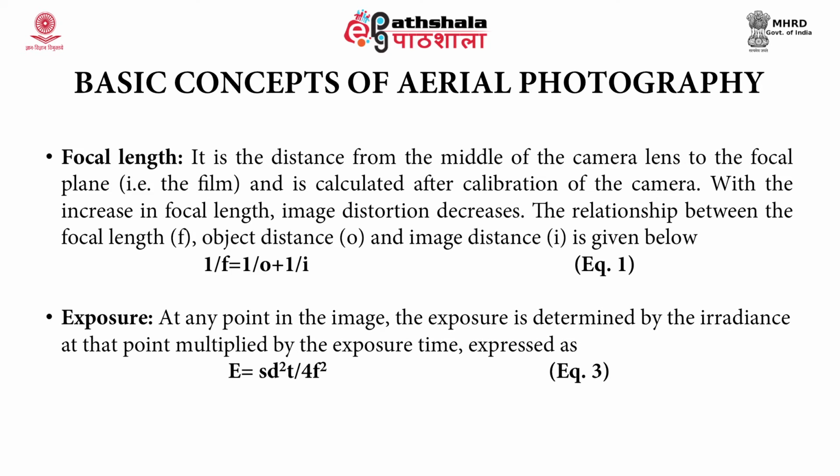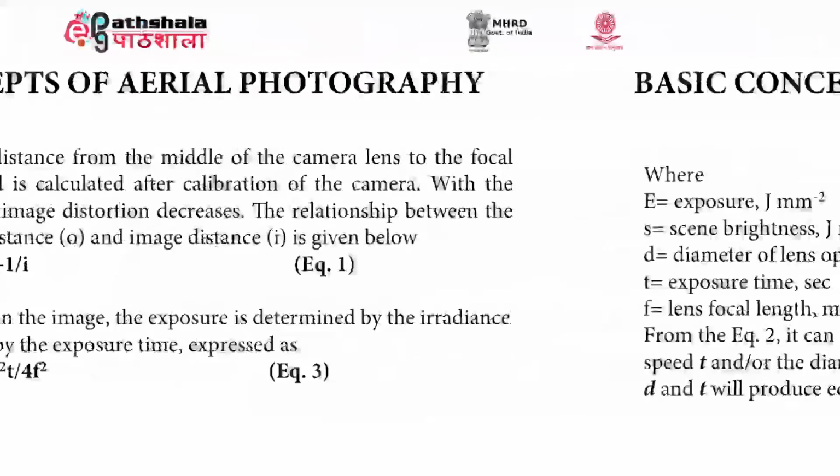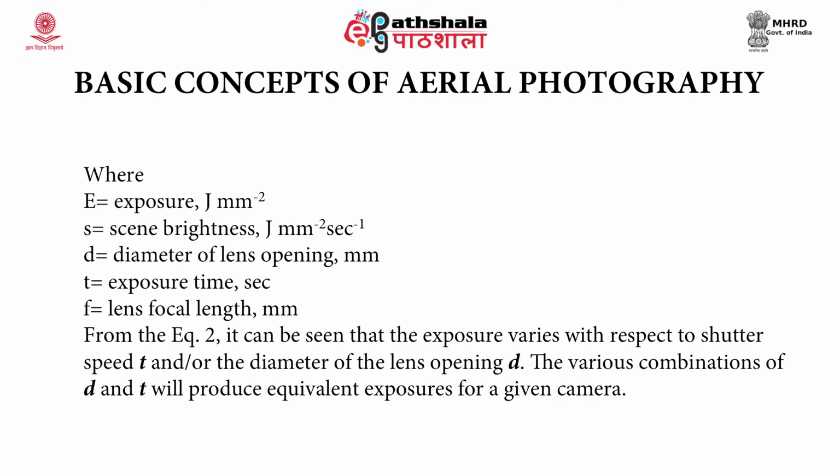The next topic is exposure, which is generally explained as the exposure at any point in the image. This is determined by the irradiance at that point multiplied by the exposure time. This has been expressed in equation 2 as E = S d² t / 4f². Here E is the exposure, S is the scene brightness, d is the diameter of the lens opening, t is the exposure time, and f is the focal length of the lens.